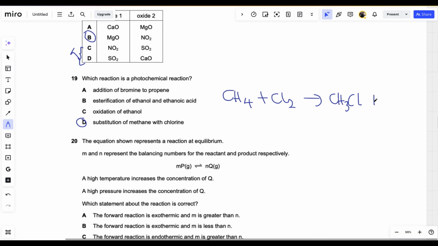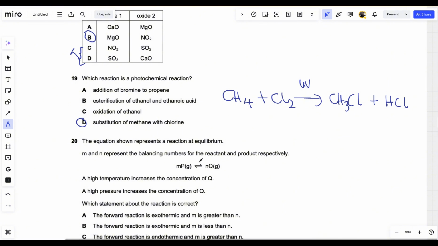Plus the one hydrogen that has been removed plus the remaining chlorine atom will form hydrogen chloride. This reaction requires the presence of a UV light. You need a UV light for this reaction to take place. Sunlight, heavy sunlight. If not, this reaction cannot happen. So the most correct answer is D. Remember this. Go revise your notes.